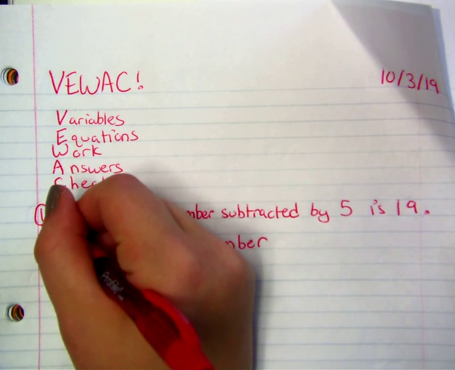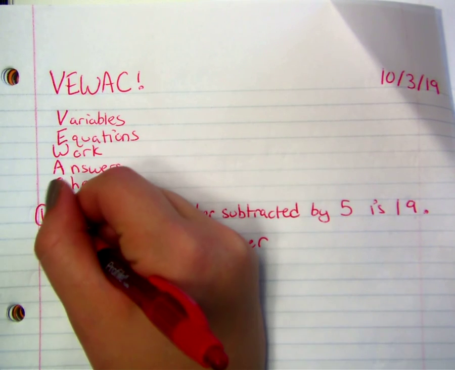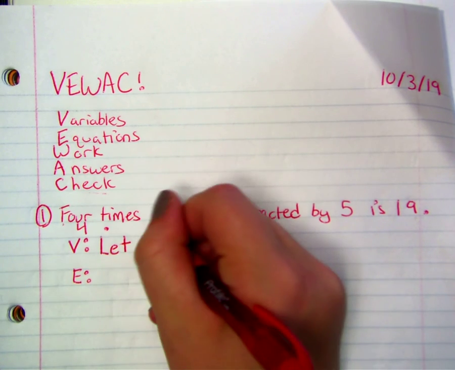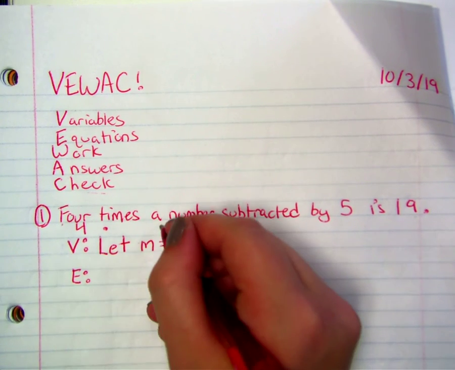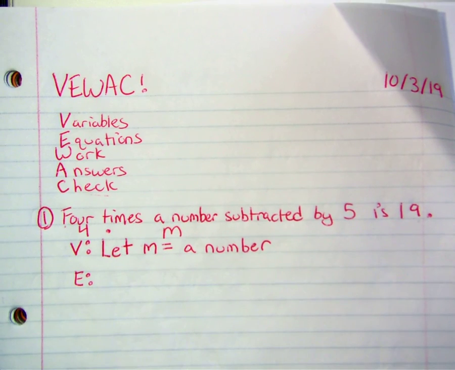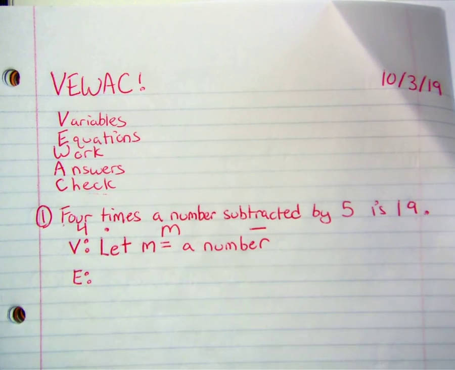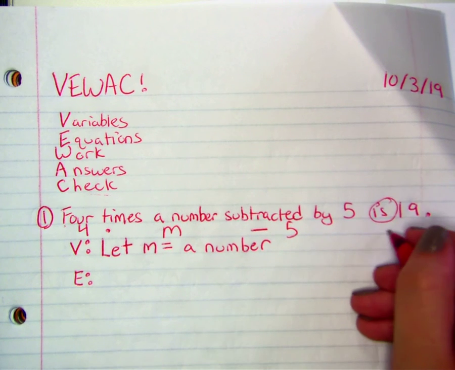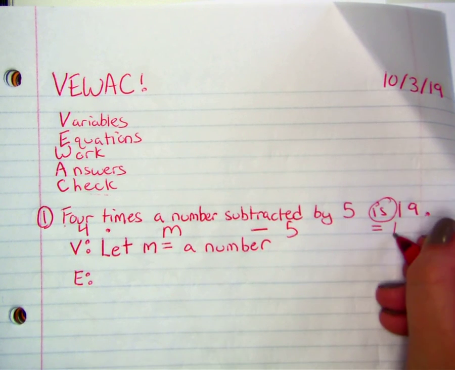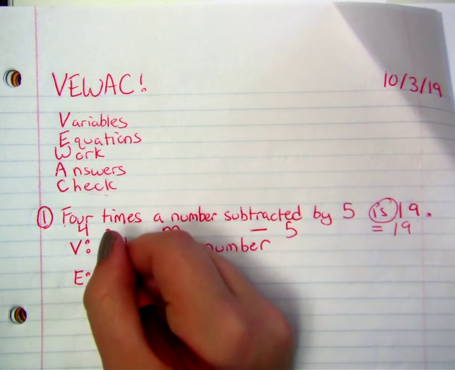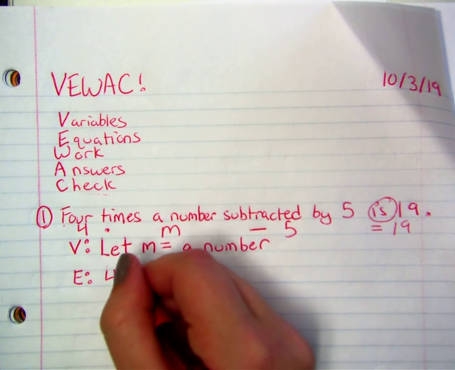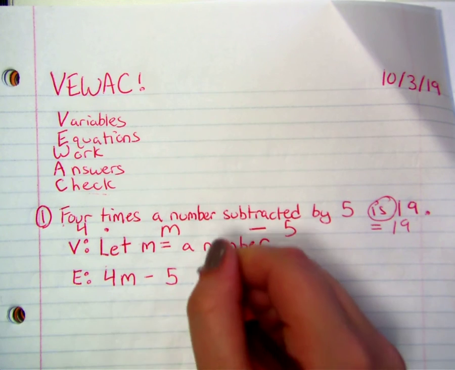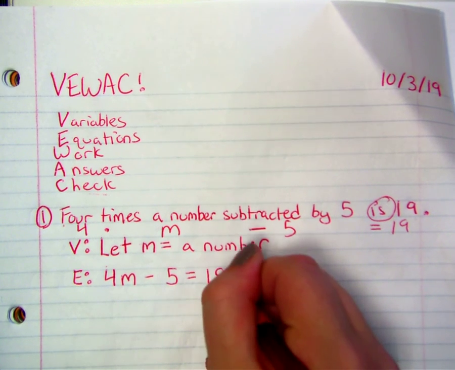So I see 4 times a number, okay? 4 times a number. Well, we said a number is M. So 4 times M subtracted by 5. Remember what is means? Equals 19. So if I throw that all together, I have 4M minus 5 equals 19.